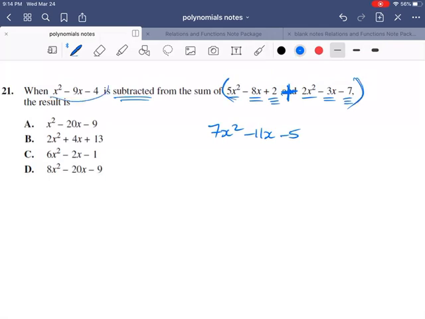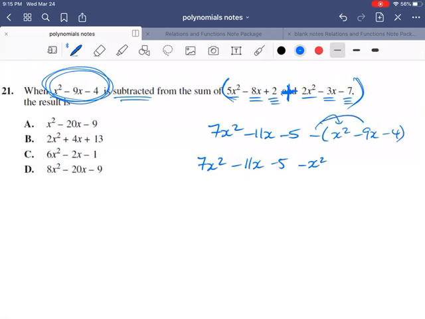Now the rest of the question asks us to subtract this polynomial from it. So this means that we are subtracting the entire thing. Well, here's a negative, which needs to be distributed. So 7x squared minus 11x minus 5. That becomes a negative x squared. That becomes positive 9x. And that becomes positive 4.